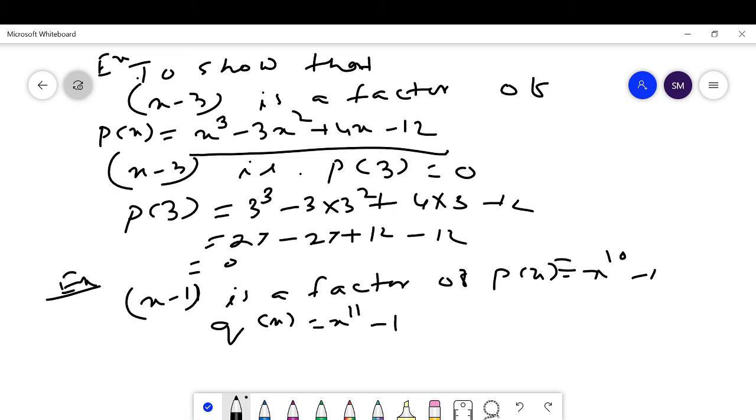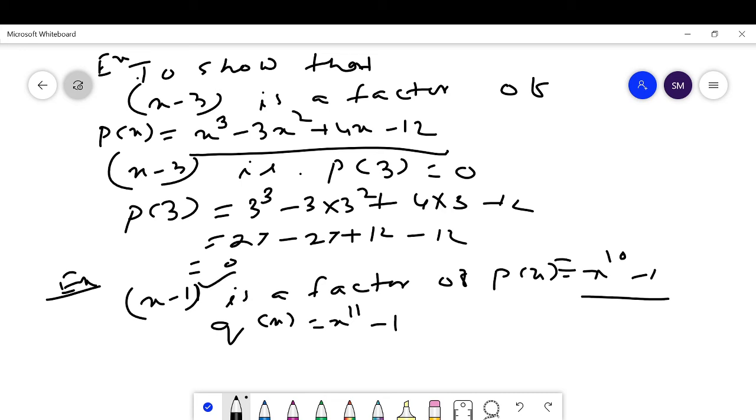Just recall the factor theorem. The factor theorem says that x minus a is a factor of p(x) only when p(a) is equal to 0. Here x minus 1 is a factor of p(x) if p(1) is equal to 0.